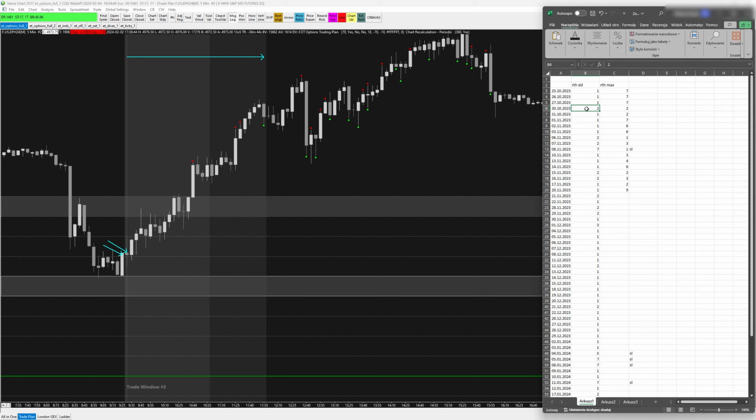For me, it's quite obvious that 2 units of risk is the optimal risk in the sense of price range.